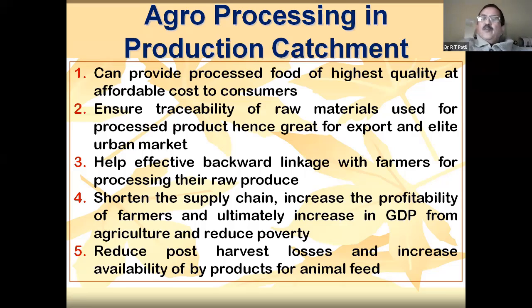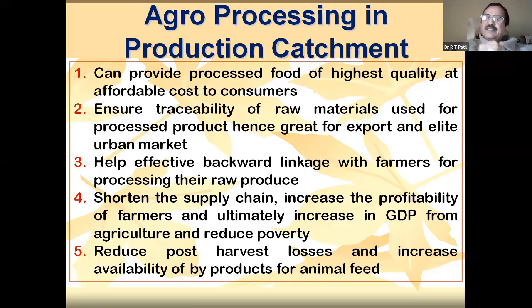Reduce post-harvest losses and increase availability of byproduct for animal feed. Agro-processing in the production catchment is also required because, if you look at the crop which is grown, whatever you harvest is one third or one fourth of the total biomass we grow in the field.